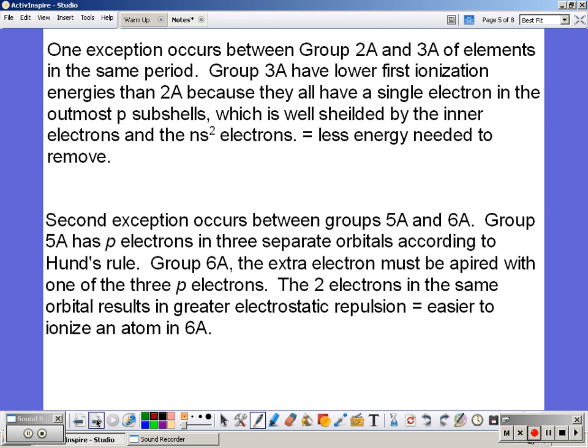These 2 electrons in the same orbital result in a greater electrostatic repulsion, therefore it's easier to remove. Remember that having a half-filled or filled sublevel is more stable. So in 6A, having that extra electron, it's going to be easier to remove it and create a half-filled situation than it is to take the half-filled and remove an electron.